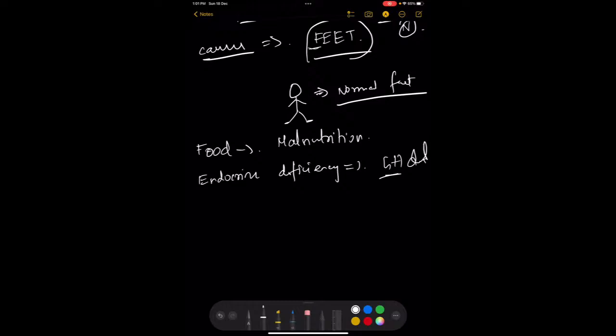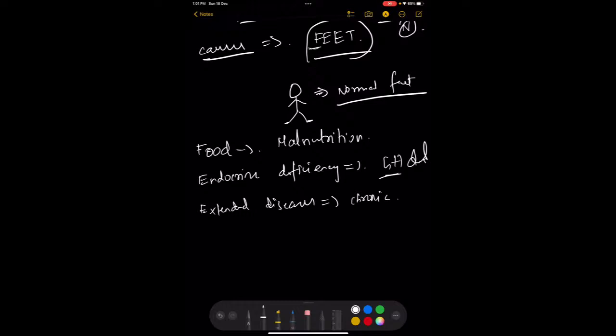And next is the extended diseases, like chronic diseases, for example chronic kidney disease and chronic kidney failure.